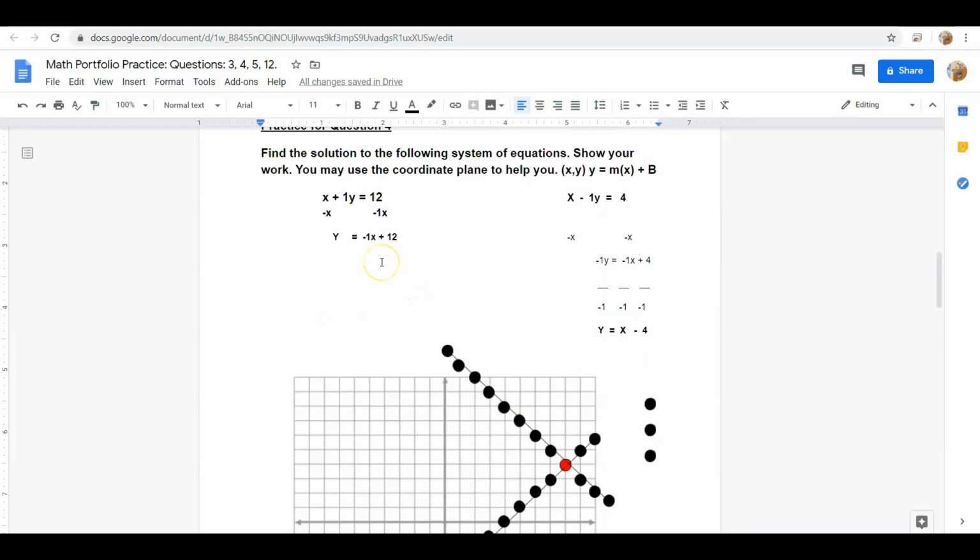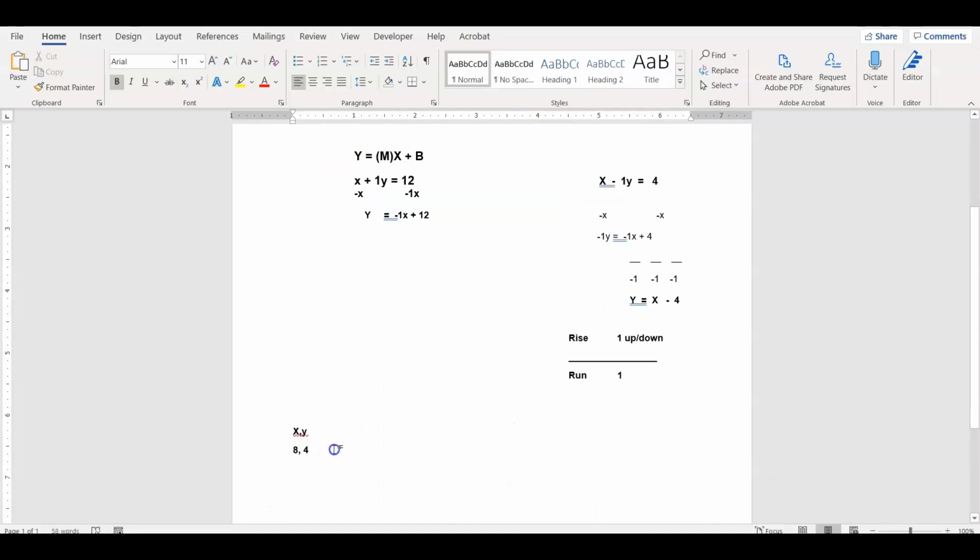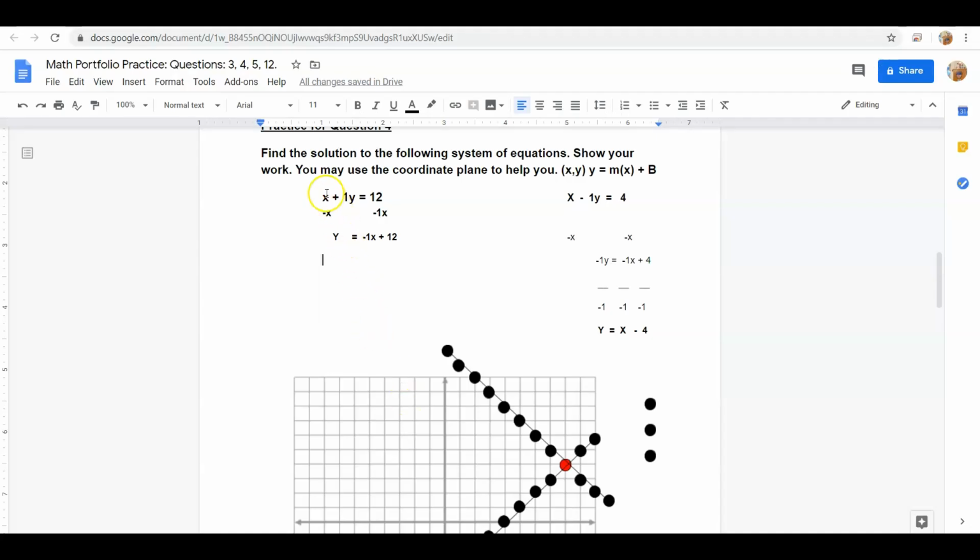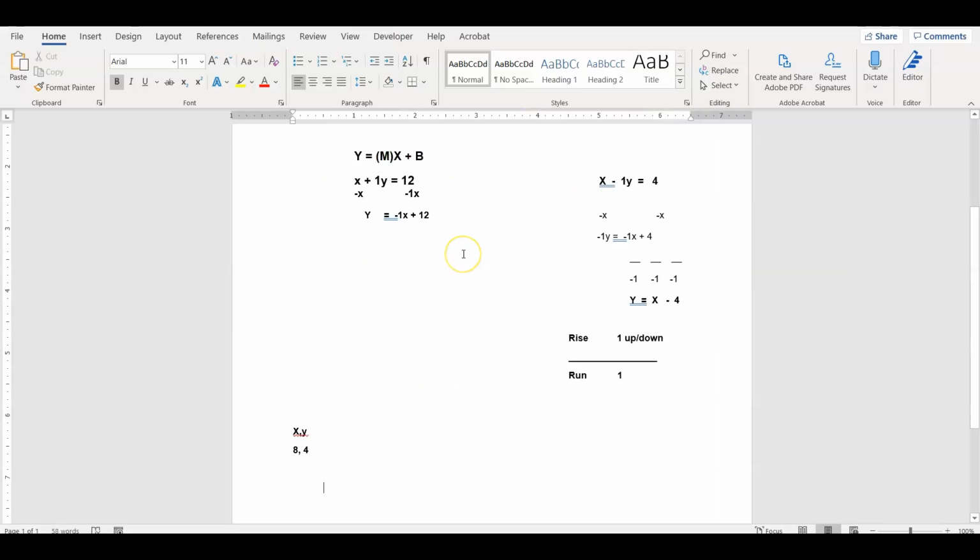So I'm going to see if this makes sense. So rewind this video, or I'll solve it for you real quick again because it erased. So if x is 8 and y is 4, let's plug them in. So we have x plus y equals 12.